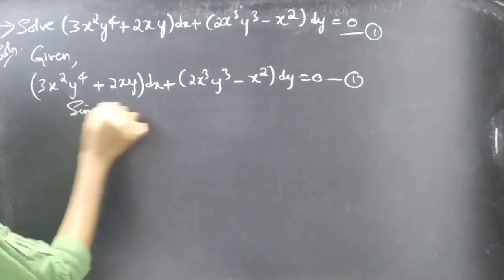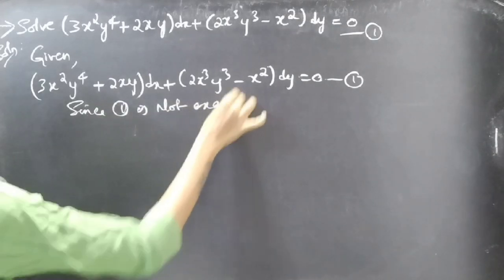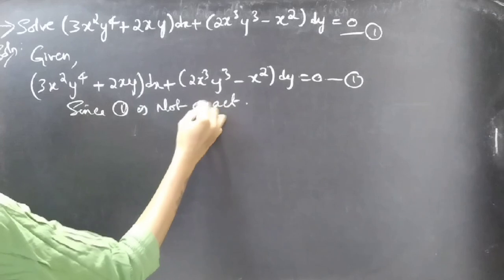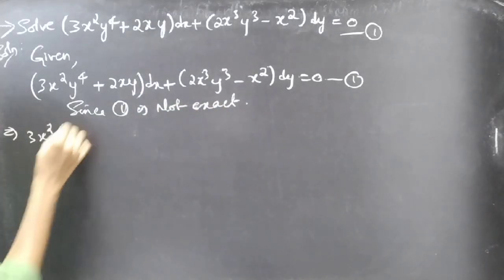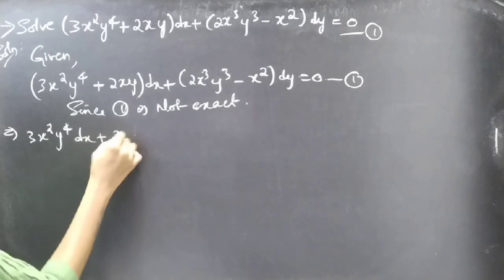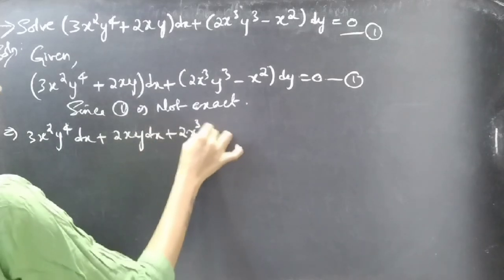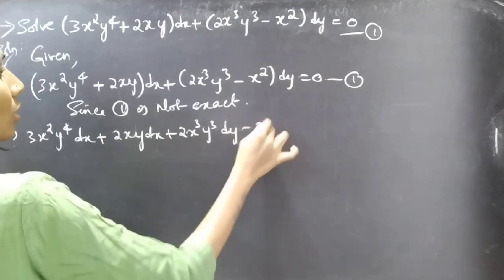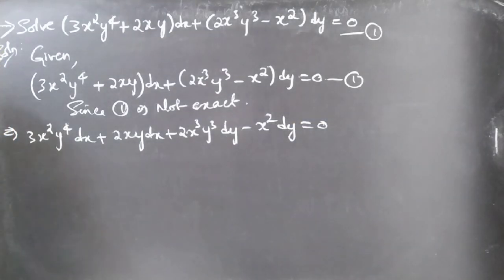Since 1 is not exact, we can write this equation as 3x²y⁴ dx + 2xy dx + 2x³y³ dy − x² dy = 0, right?